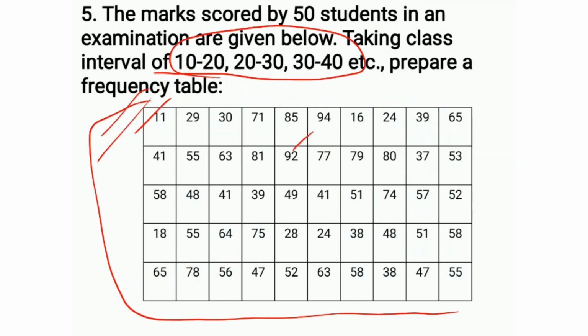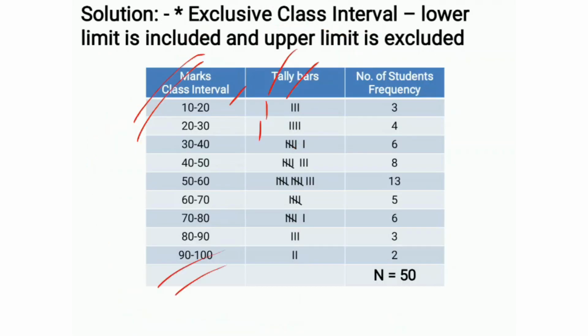Now 30, you have to be very careful. In 20 to 30, there is a 30, and in 30 to 40 also there is a 30. If you clearly observe, 30 belongs to the next row, not the previous one. The 30 belongs to 30 to 40, not 20 to 30. Why? Because the problem uses exclusive class intervals. Exclusive class interval means the lower limit is included, the upper limit is not included.